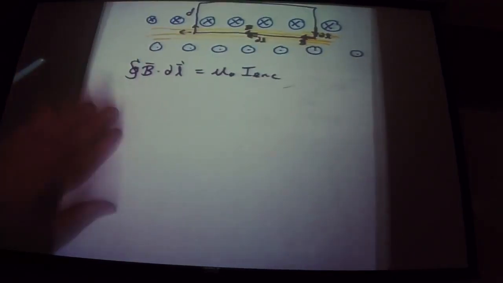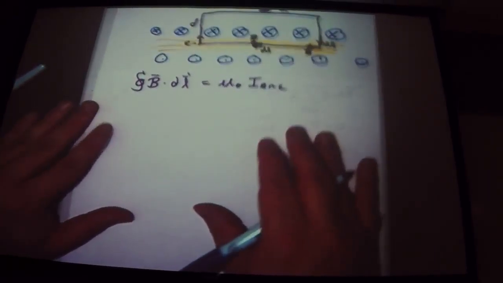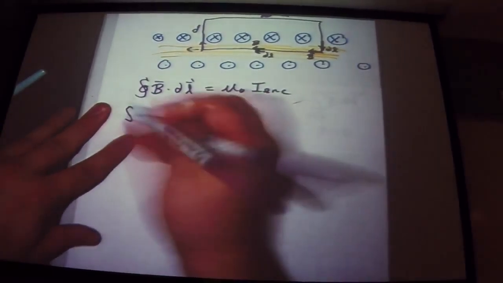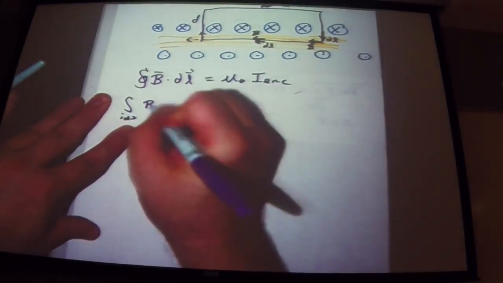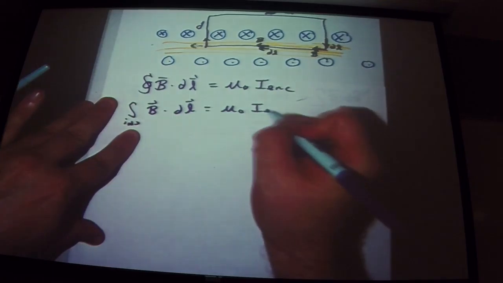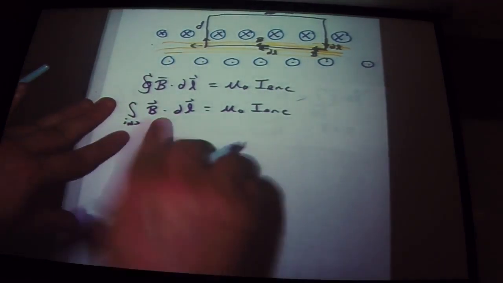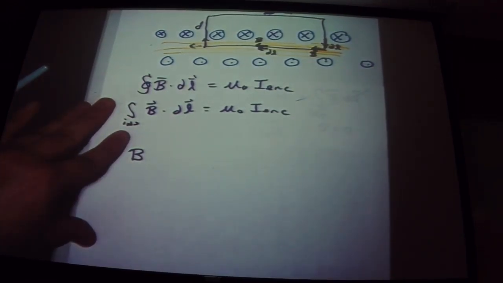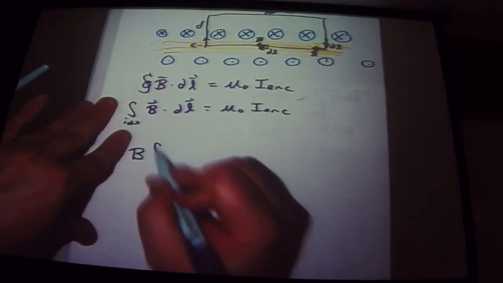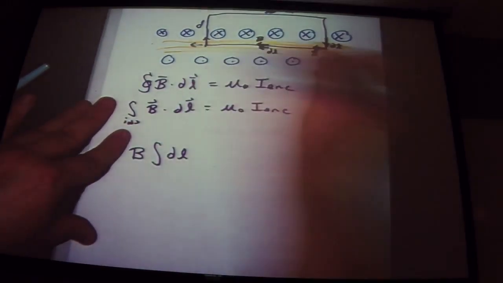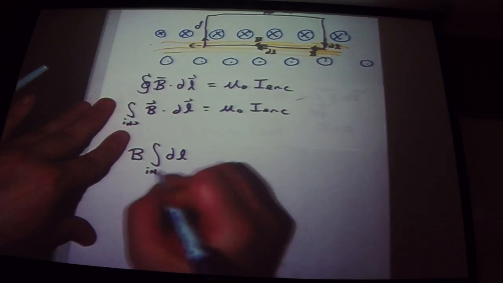So I'll go back to this one here, because I want to write an equation down there. So this becomes the integral from the inside of B dot dl equals mu naught I enclosed. The B is parallel to dl, so we just end up having the integral over this path on the inside of dl.